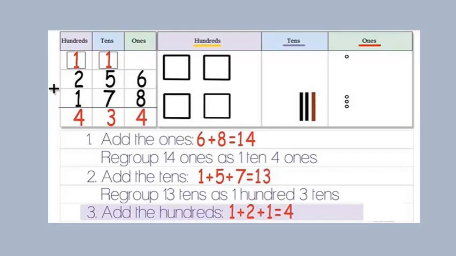Again, I will leave the 3 and I will take the 10 to the hundreds place value chart. Why? Because this 10 means 10 tens, which is 100. And now I have 1 plus 2 plus 1 makes 4.